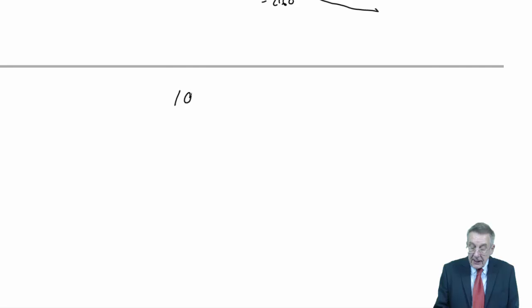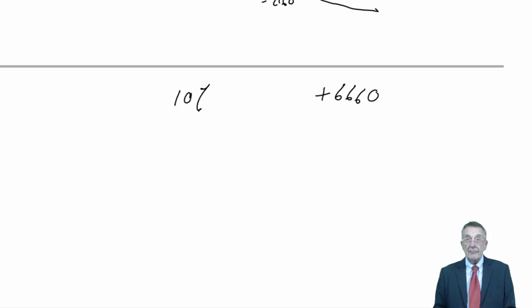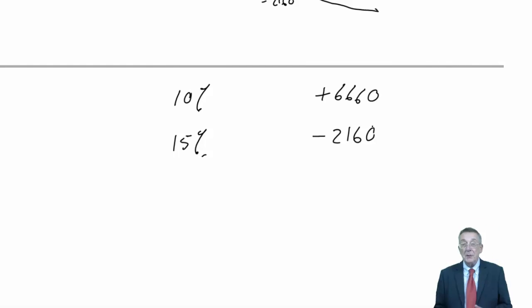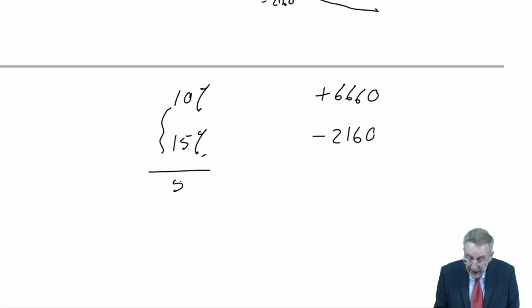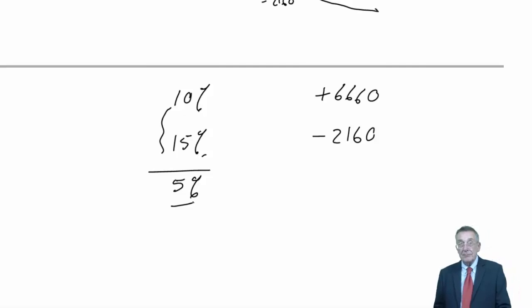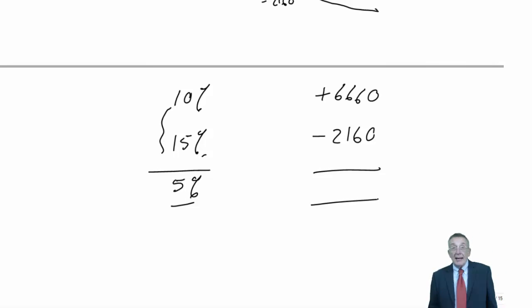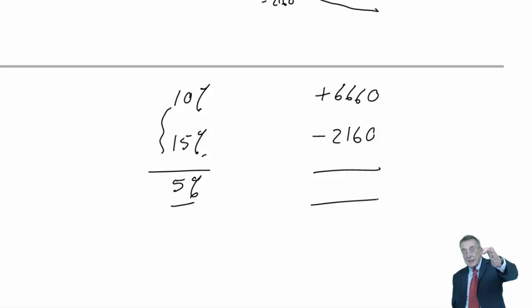We did 2 guesses. At 10%, the NPV was plus 6,660. We then did it at 15%, and it was minus 2,160. And so, over a change of 5 percentages, the NPV fell from plus 6,000 to minus 2,000.